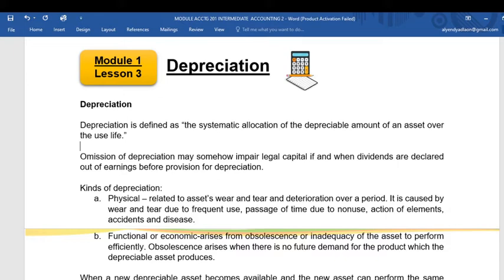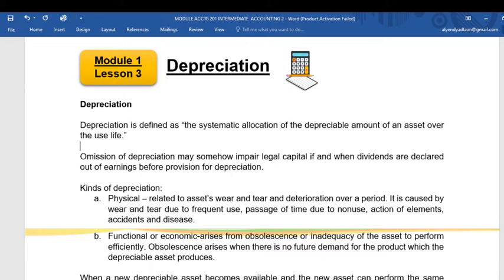Now, it is also very inequitable if whenever we purchase a property, we expense it immediately upon acquisition, because of course that property is still to be used for more than one period. This means that the succeeding periods may also benefit from the property.